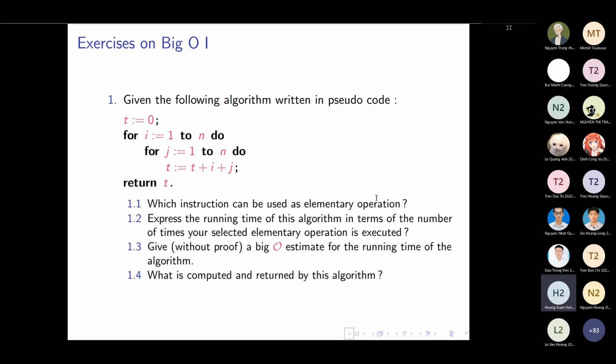Does anyone have another answer for question 1.4? I don't think that's n times n plus 1 per se. I think it is n squared multiplied by n plus 1. Can you say that again? N squared multiplied by n plus 1.